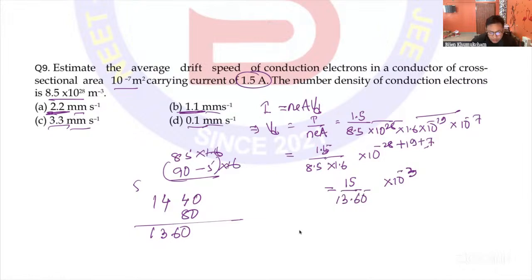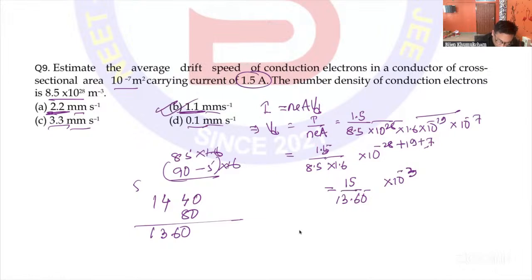So it is 13.60. If we divide this, the answer comes out to be greater than 1 but less than 2. I think the answer should be approximately 1.5. I think it's correct.